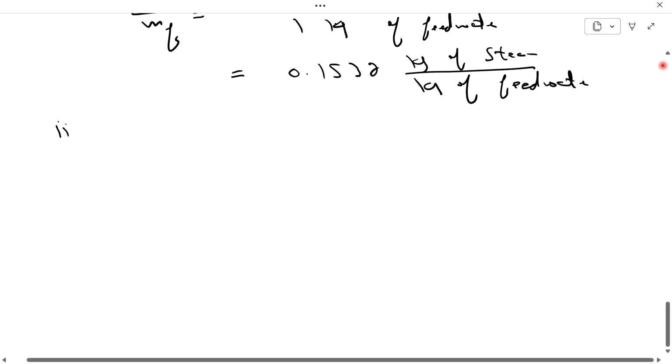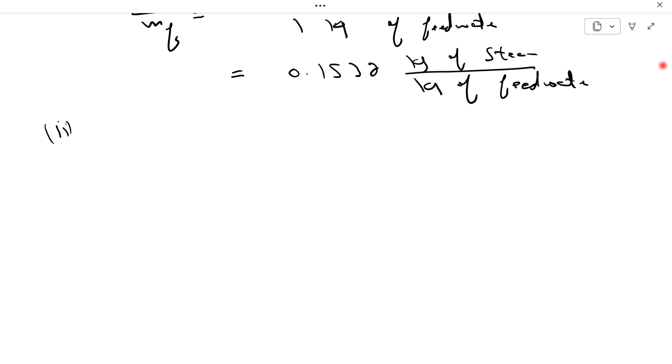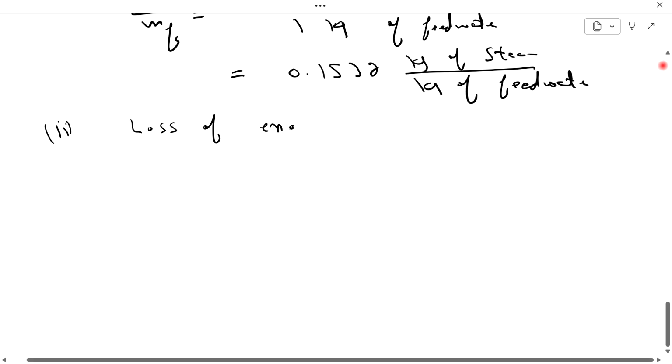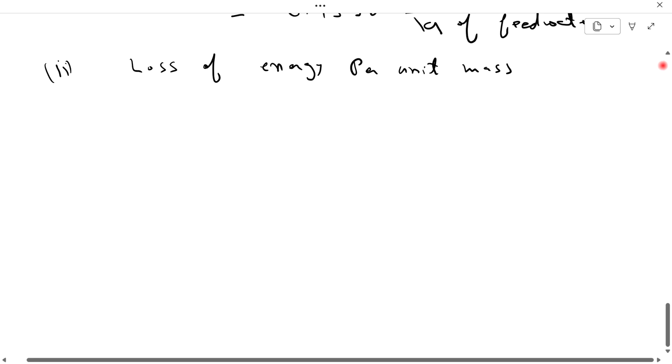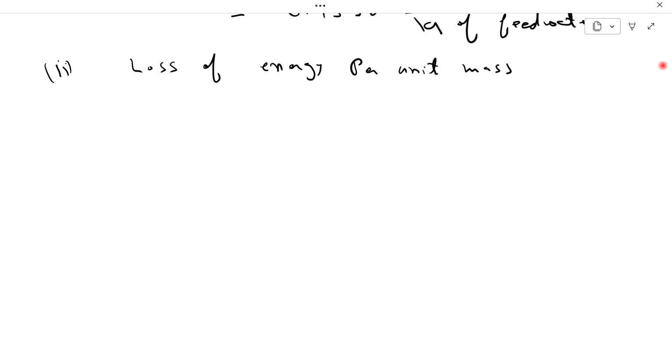Now in the second part we are finding loss of exergy per unit mass.